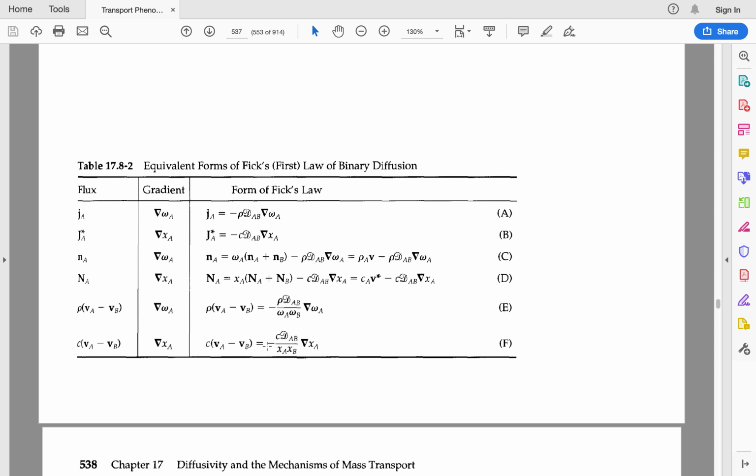That's all. So for the equivalent form of Fick's law for binary diffusion, we have to know the relationship between N_A, the combined mass flux, and J_A, the molecular mass flux.